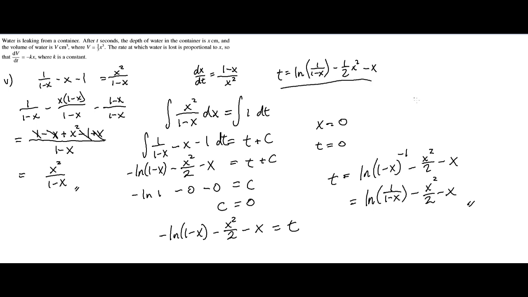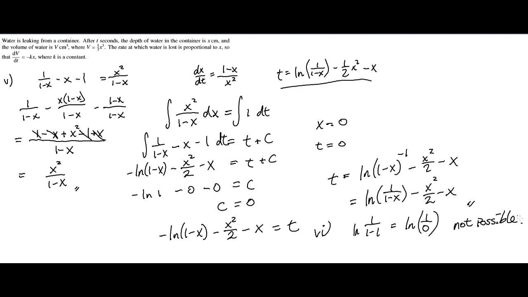And finally, for part 6, show that x cannot be 1, the height cannot be 1. Well, if x is 1, then ln of 1 over (1 minus 1) is the ln of 1 over 0, which is not possible. And that's all you need to say for the last mark.